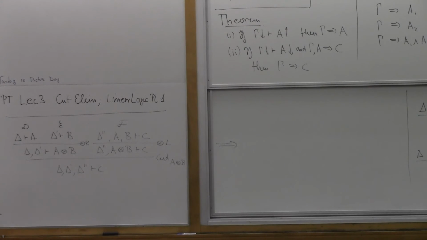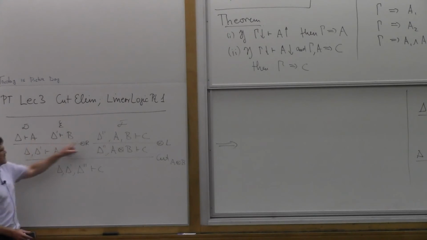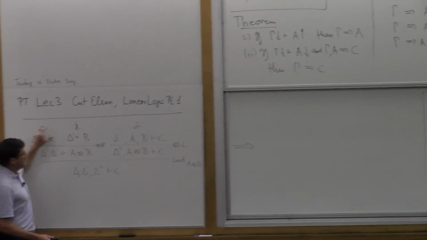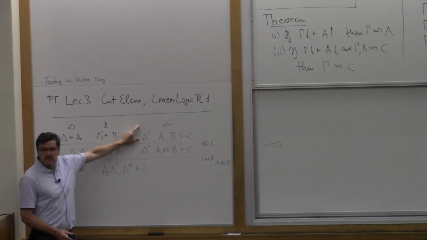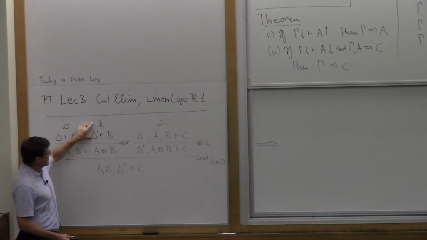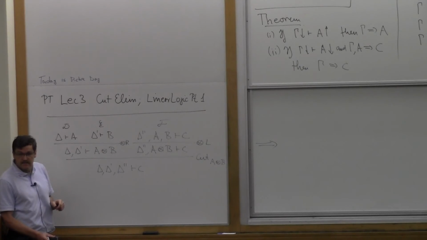Okay, so what we're looking for is cuts with smaller formulas. So here I prove A, here I use A. Right? So we can do a cut between D and F. And here I prove B, and here I use B, so we can also do a cut between E and F. Right?